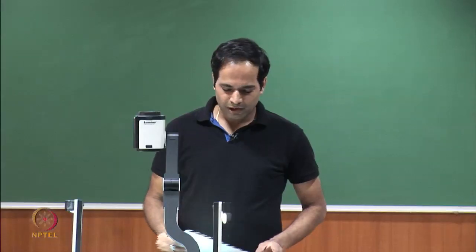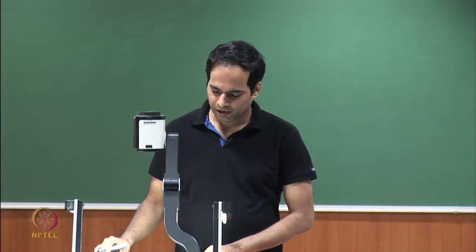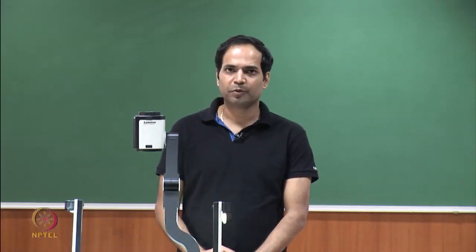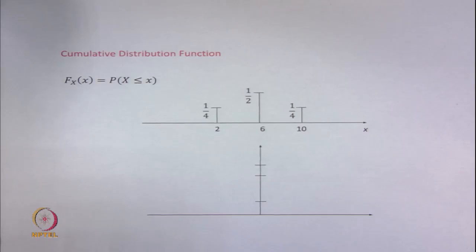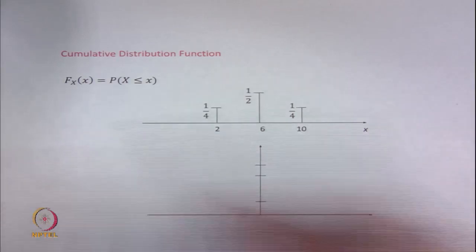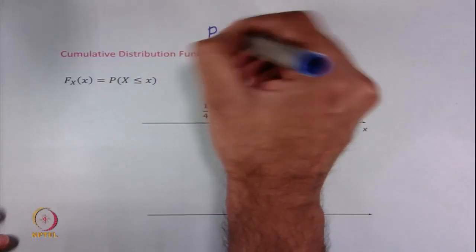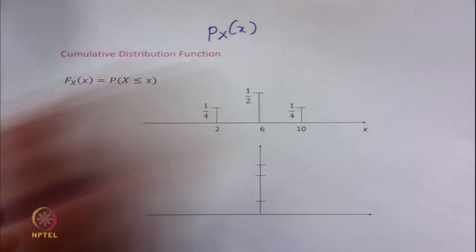Okay. Let us now introduce a new concept of cumulative distribution function, and cumulative distribution function is a simple distribution function. So, till now we were talking about probability mass function. What was probability mass function?